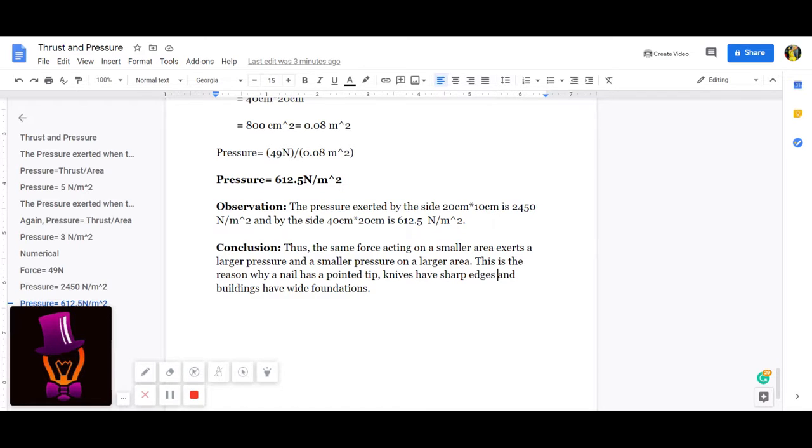Buildings have wide foundations because the weight of buildings is a lot, and they need to be built wide so that the force is spread over a larger area, which results in the pressure being less, so that the building does not collapse. Hence, we conclude the session with this.